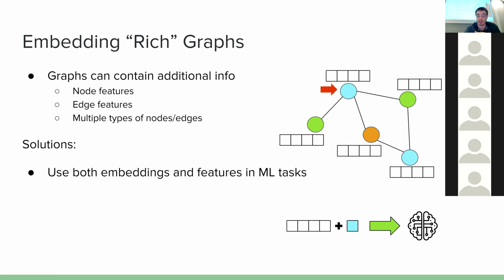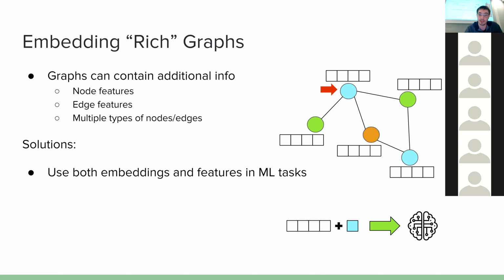So we will have one more input, and the machine learning system will give us some answer based on this. But the problem in this approach is that our embeddings tell us what the structure of the nodes around our target is, and the feature tells us what feature our target has, but we lost information about what features our neighbors had, because we computed our embeddings based on the structure of the graph only.